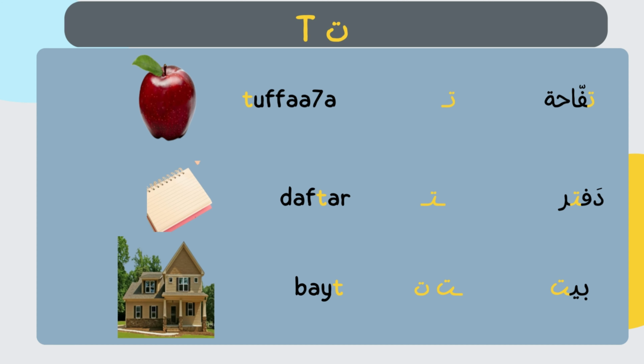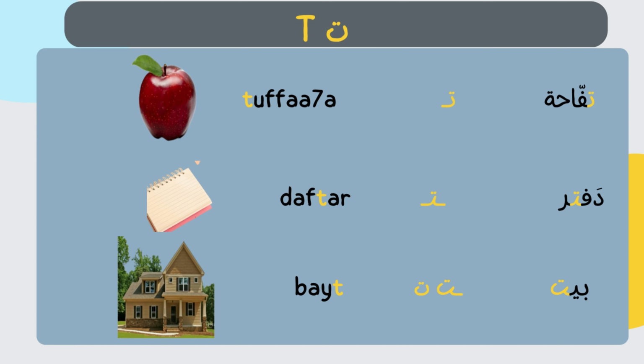Now I want to ask you, in the first word, تفاحة, which letters are you familiar with so far? We have, right, the te and then the a in the middle, تفاحة. Okay. The third word, bait, which letters are we familiar with? Correct. B in the beginning and te in the end.